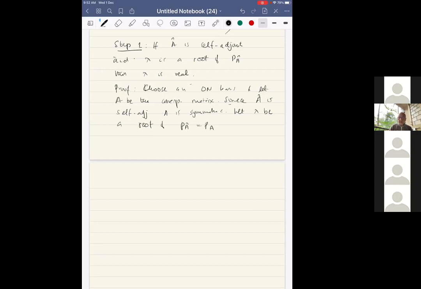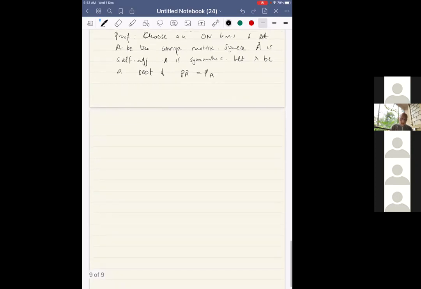Here, you don't need the basis to be orthonormal. So lambda is a root of the characteristic polynomial of A, but lambda could have a non-zero imaginary part. We want to rule out the possibility that lambda has a non-zero imaginary part.